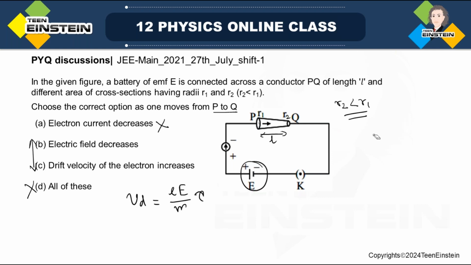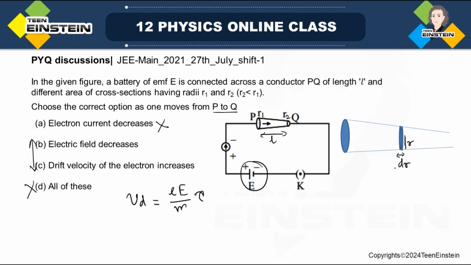Let us consider this figure. Here I am just considering a particular portion where the radius of this conductor is r and thickness has some value, some dx, or I can write dr also. Let me write dr itself. This strip has a length dr.